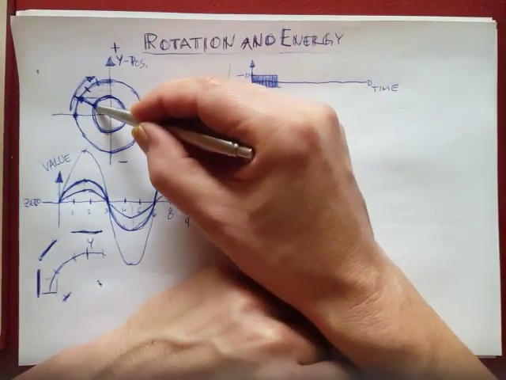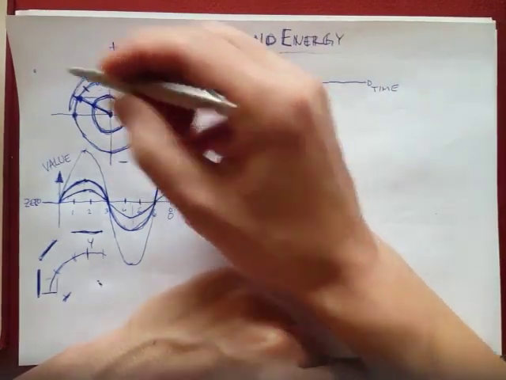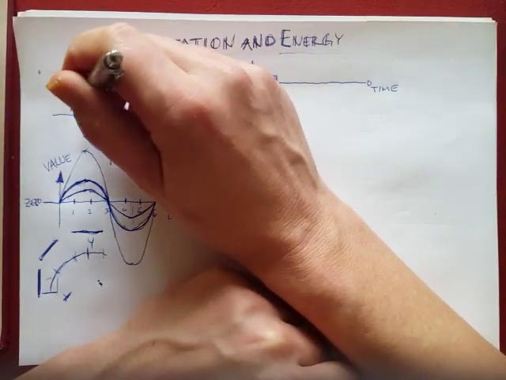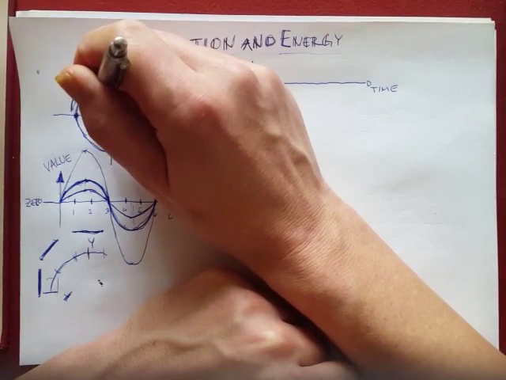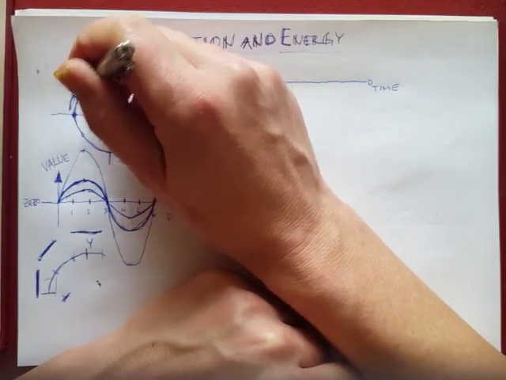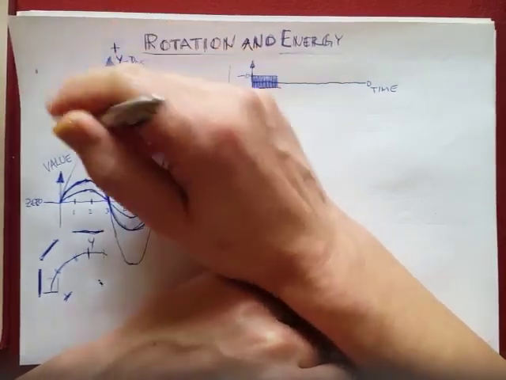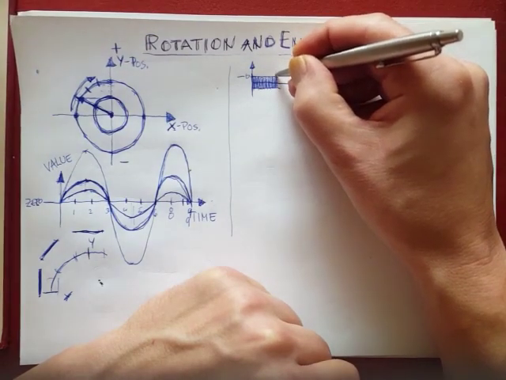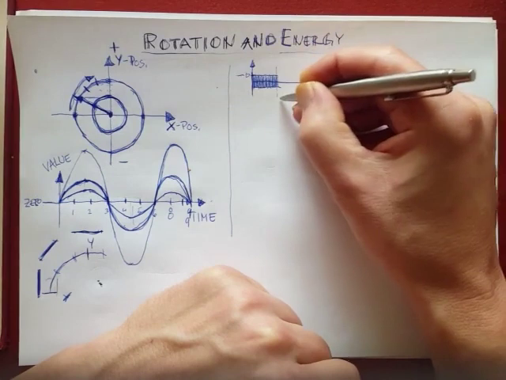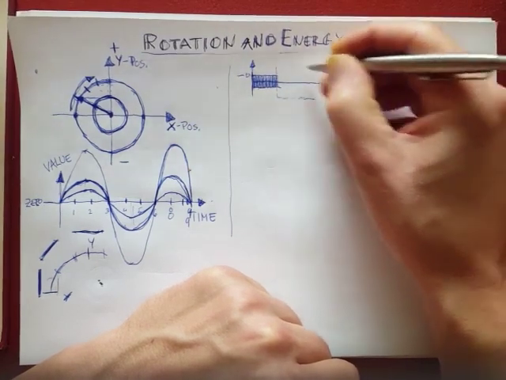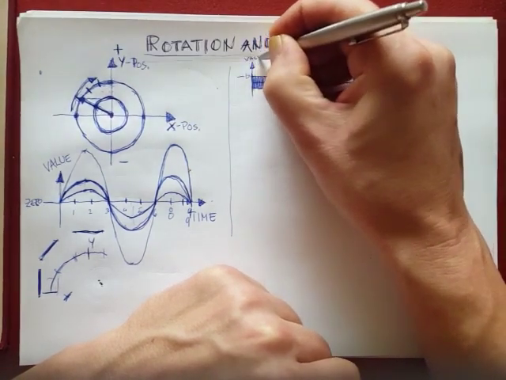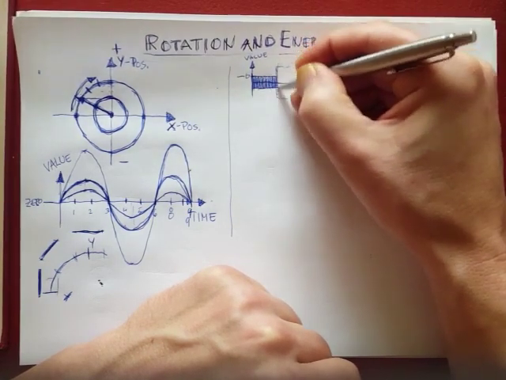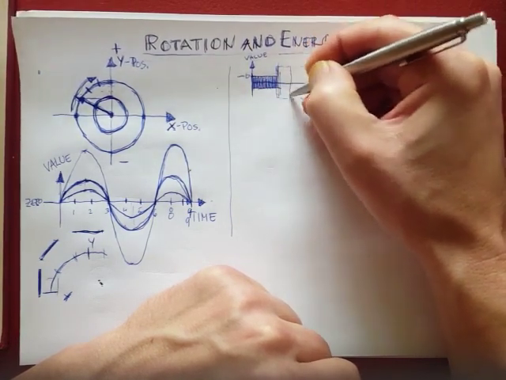If for some reason while this thing is rotating, the handle jumps up, the length of the handle goes up here and rotates, that will mean we have a doubling of the value here, and it will start to look something like this.